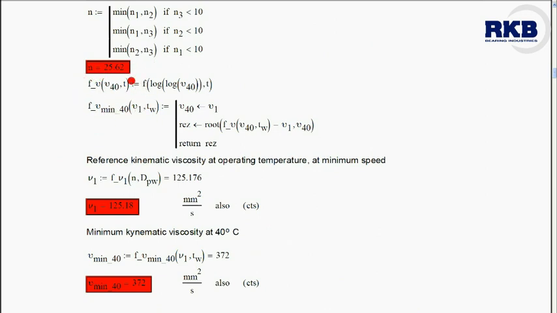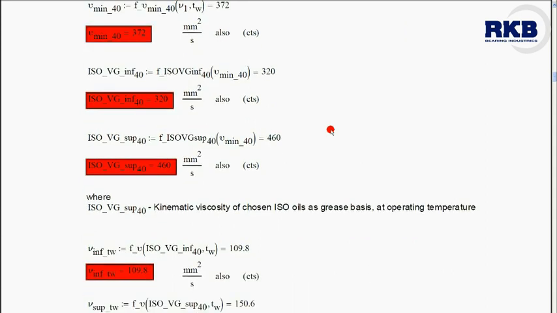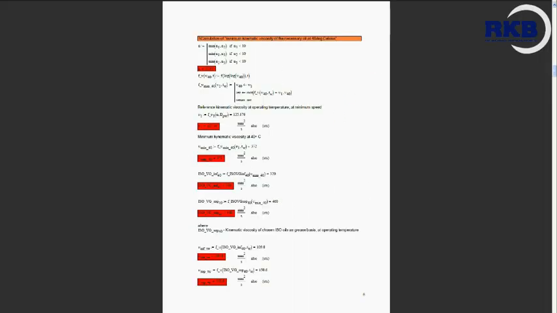For the operating temperature, and by solving numerically this equation, where nu is the reference kinematic viscosity at the operating temperature for the most unfavorable phase of the working cycle, one obtains the minimum kinematic viscosity of the necessary oil at 40 Celsius degrees. This value allows the RKB technical department to always propose the most appropriate oil for bearing lubrication.